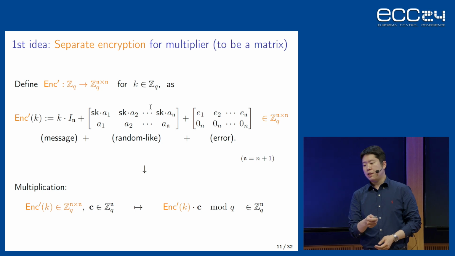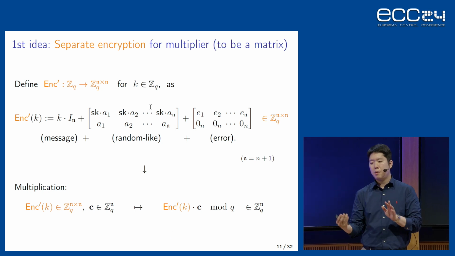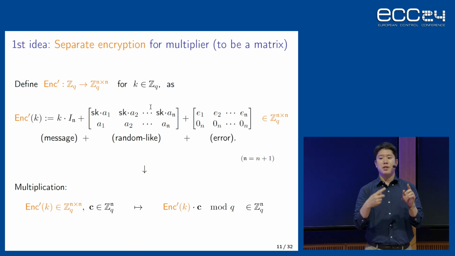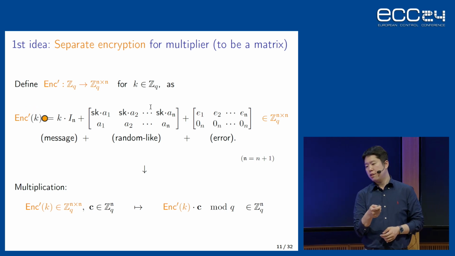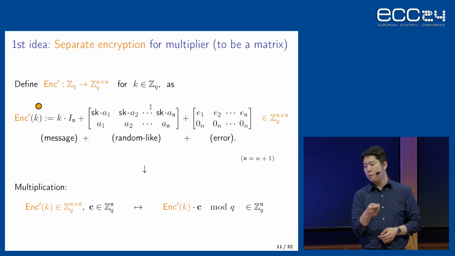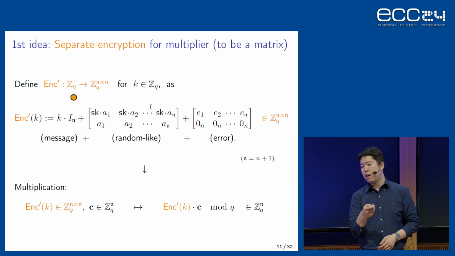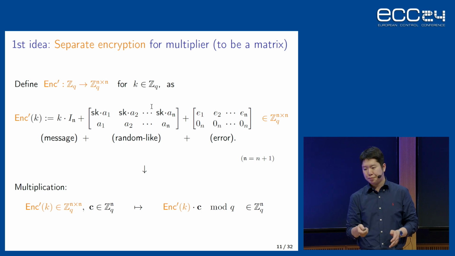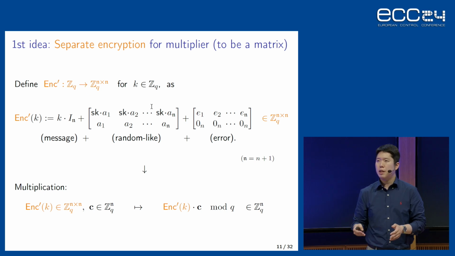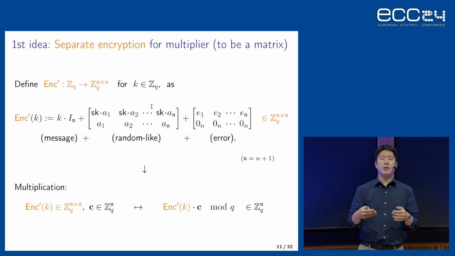The notation is a little bit different from the first talk, but I would like to denote the second encryption method by Enc prime, which maps a scalar message to a square matrix. But still, it is based on the same encryption method and the same encryption problem.